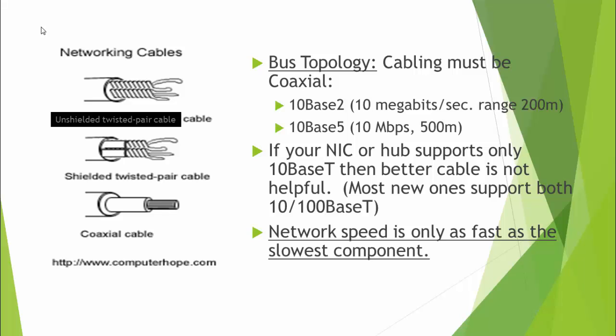One thing worth noting here is that you can have the best NIC in the world, extremely high throughput, but if you connect it up with Cat 4 cable, then it will be slow. The network speed is only as fast as the slowest component. Similarly, if you have a slow switch, it doesn't matter how good your NIC is or how good your cable is.